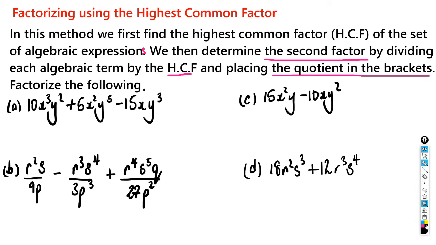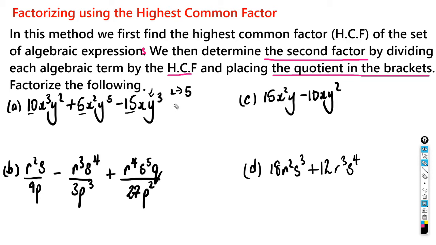Alright, so let's just do the first one, guys, and we'll see exactly what it means. The first thing we're going to do is find the HCF of this algebraic expression. For the numbers, we want to find the highest common factor among the three numbers, and in this case it's 5.